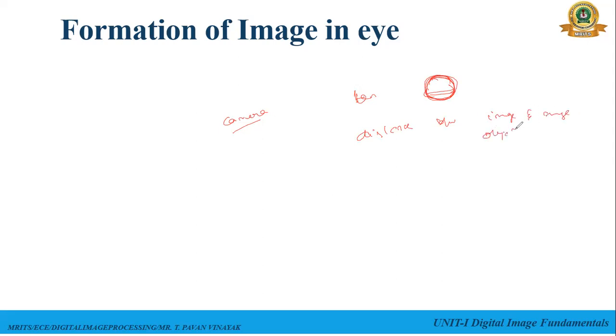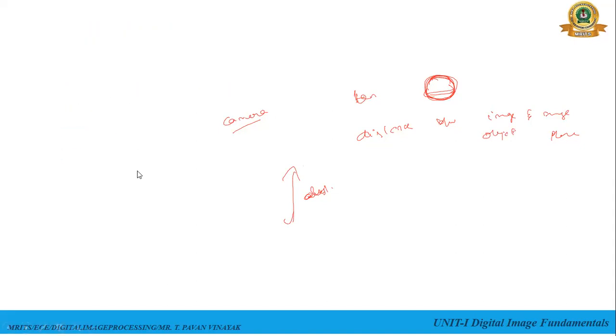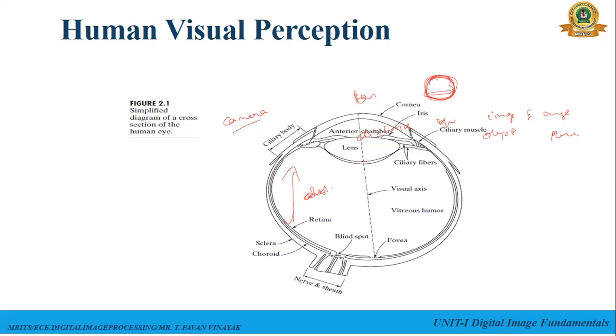We just vary the distance between the image plane and the object. But in the human eye, the distance between the lens and retina is fixed. We observed this previously.